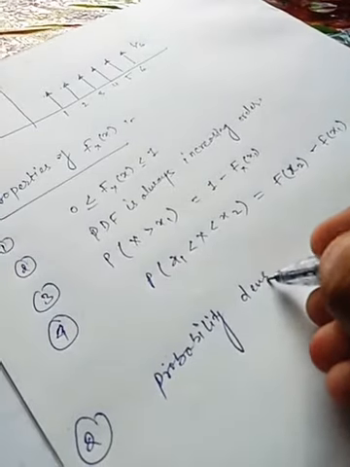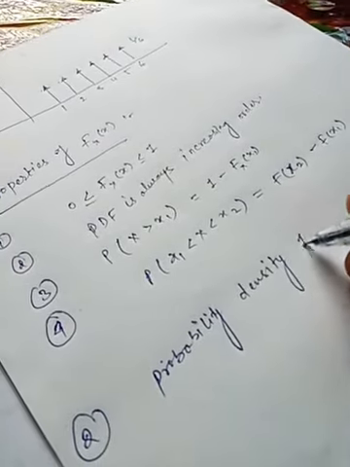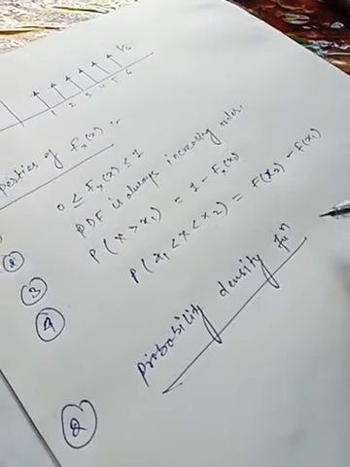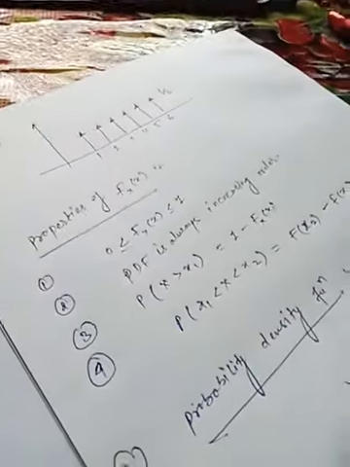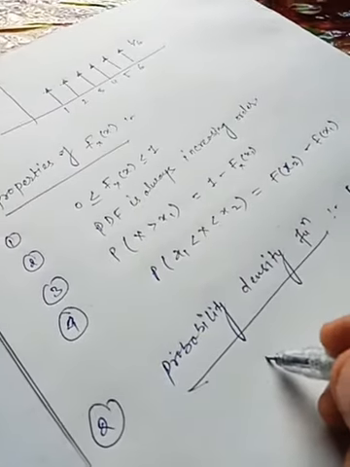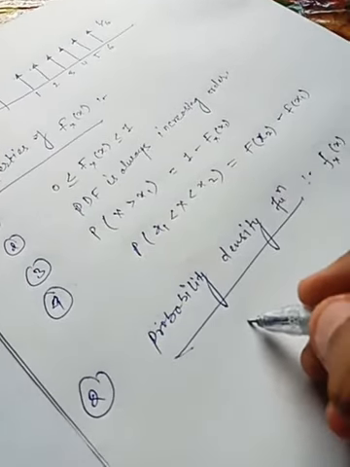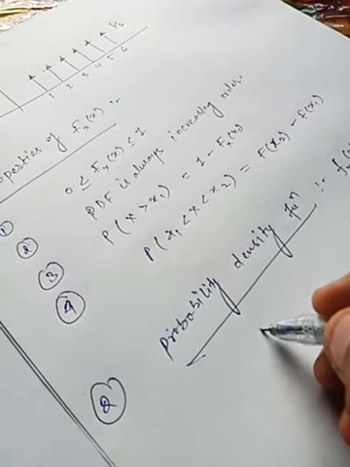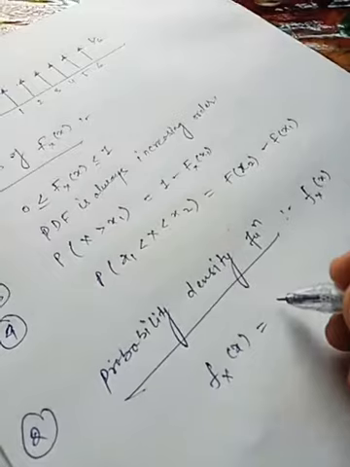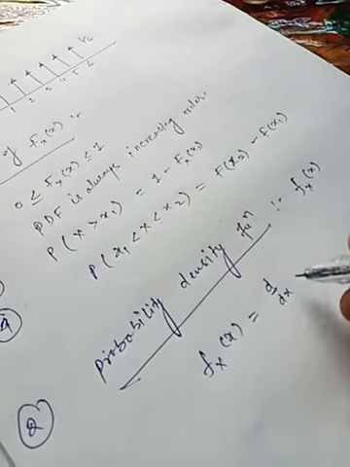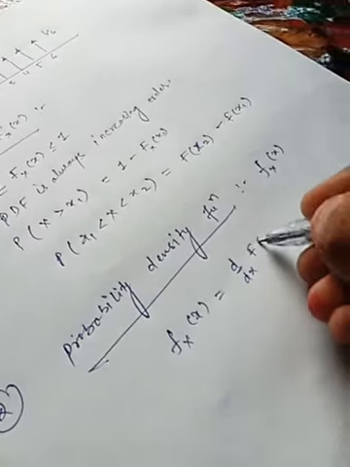Now second, the probability density function, which is denoted as small f of x. f of x is equal to the differentiation of capital F of x.